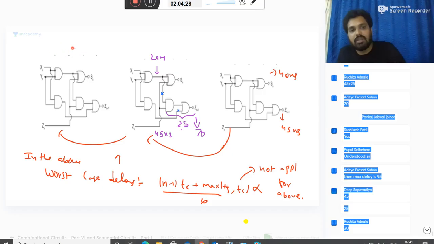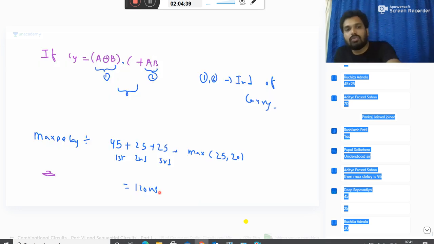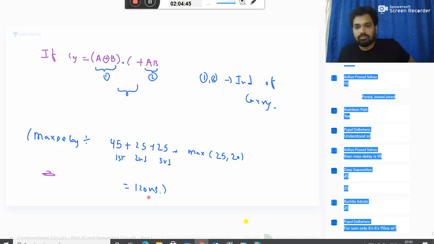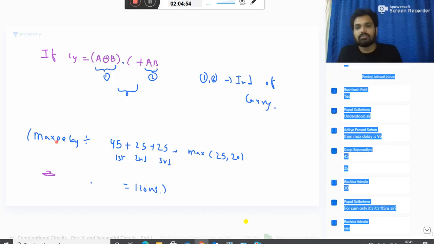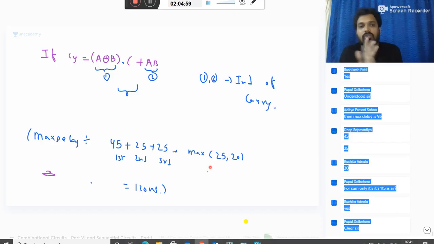The A XOR B part will be done easily first. Only this part is depending on the carry here, so you should take care of this part only. So the worst case delay in that case will be 120 nanoseconds. No, everything is total delay only. So only for the sum you require 115, that is correct, right? Delay means generally we should take all the outputs to be ready.